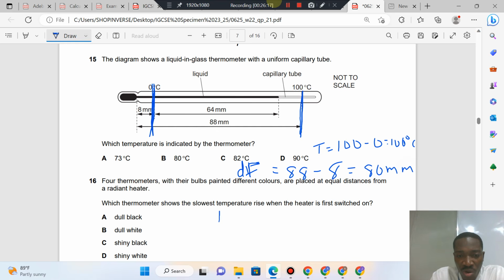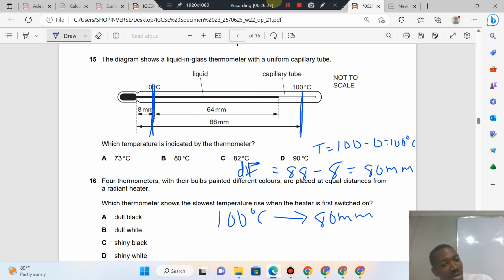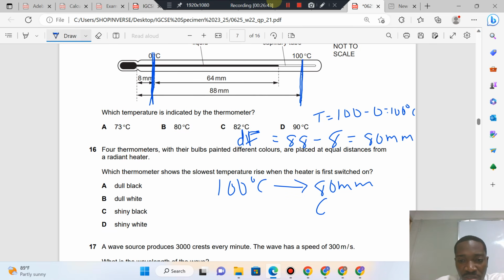So if the 100 degrees Celsius fundamental interval corresponds to 80 millimeter, therefore 64 millimeter would correspond to an unknown, x. How do you get this? We always cross multiply.